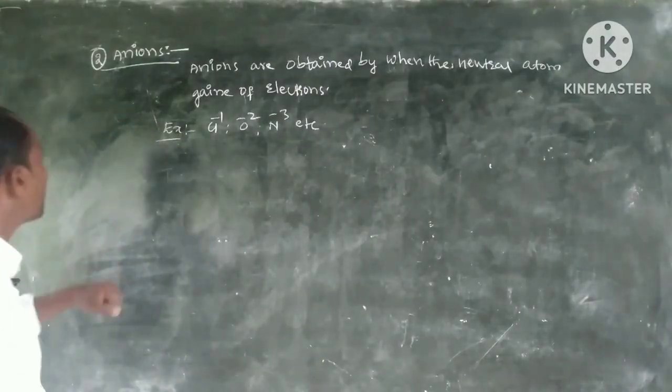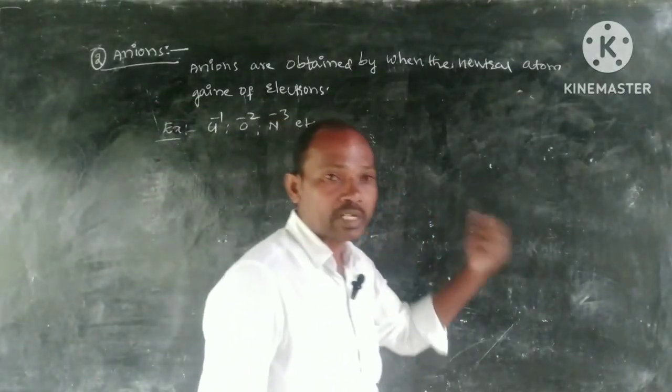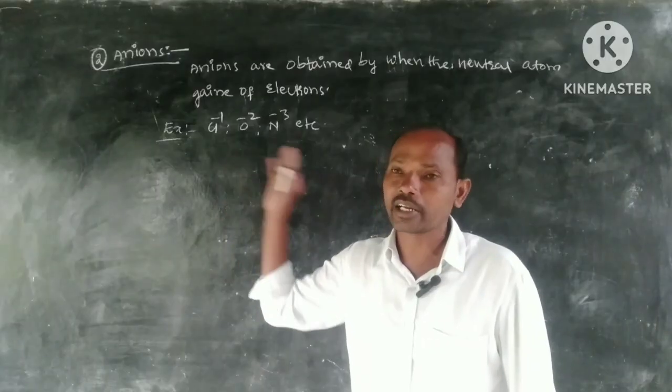Next, how are the electrons present in ions calculated? Ions means cations and anions.